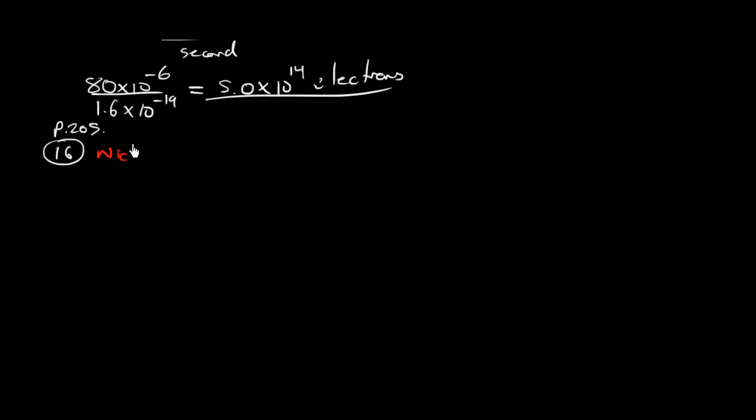They give us some information about a piece of nichrome, and they say that the resistivity, which is rho, is equal to 1.1 times 10 to the minus 6 ohm meters. That's the resistivity. And it says that the diameter D is 0.4 millimeters, and that the length is what we need to find out.